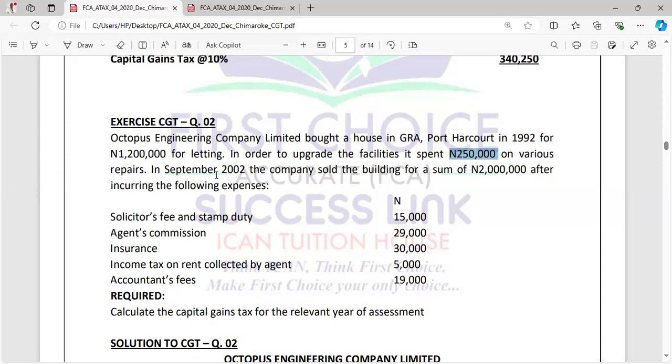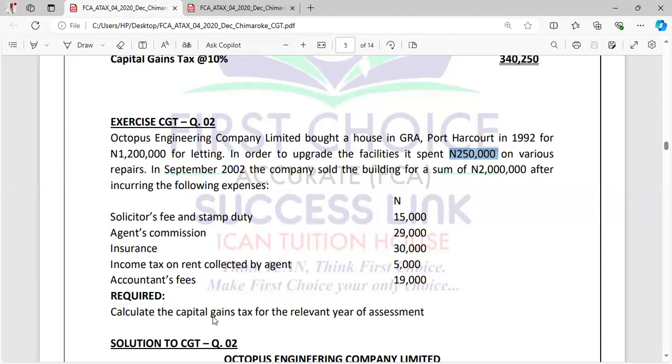What should you be looking out for in capital gains tax? Look out for how much you received. Look out for the cost of the assets. Look out for any upgrade. Look out for every other expense that is allowable as incidental to disposal. Now we have scenario one.